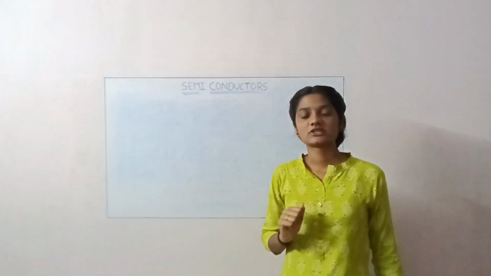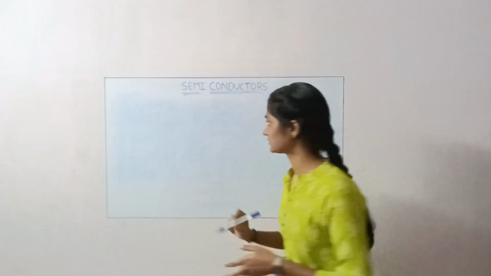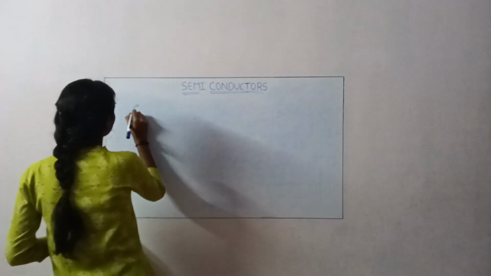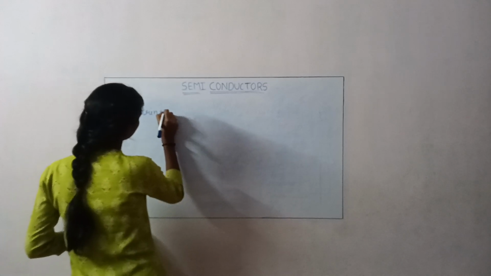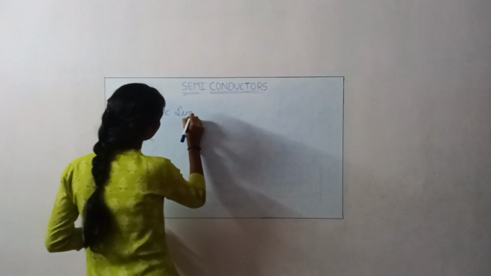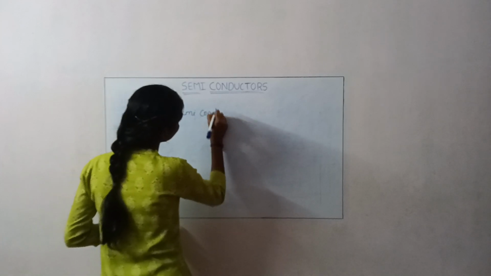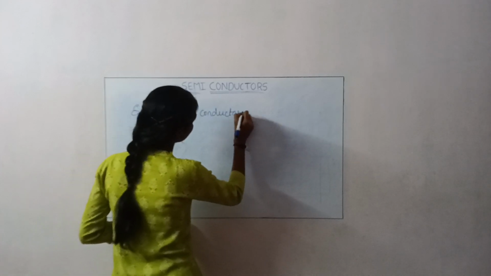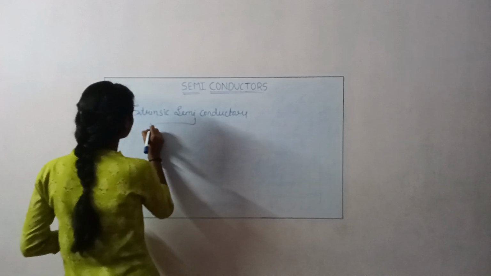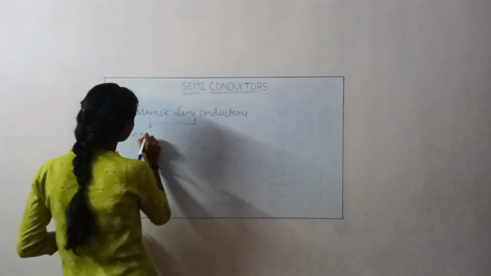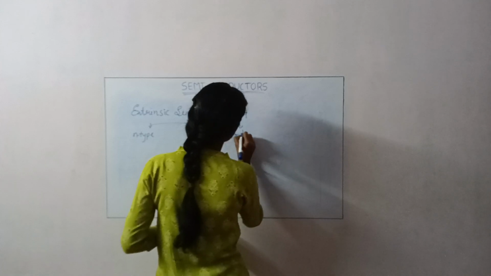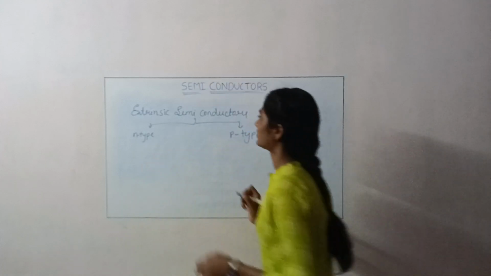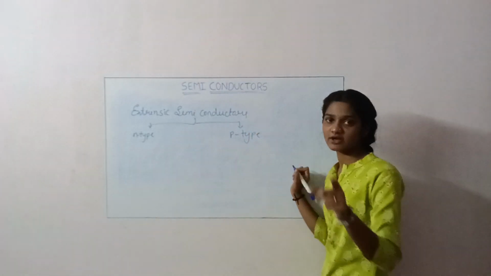Extrinsic semiconductors have been divided into two types.